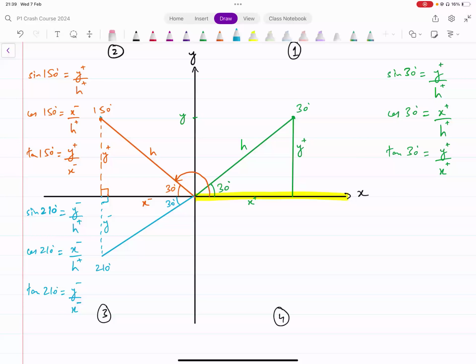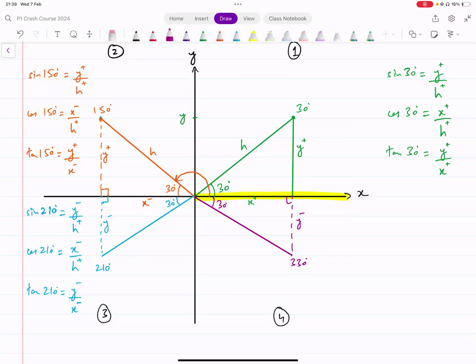Similarly, we could extend it to the fourth quadrant as well. And let's say if we had this triangle like this in the fourth quadrant as well, with the angle here being 30, what would be the angle of this line? This line would have an angle of 330 degrees, right? 360 minus 30, that's 330 degrees. And similarly here, we could make a right angle triangle. And here x is positive, however, y is negative.